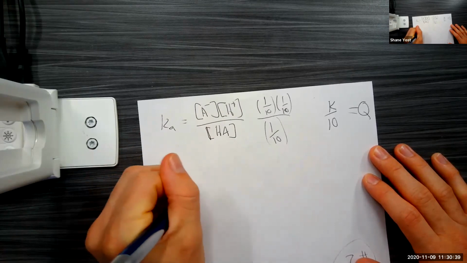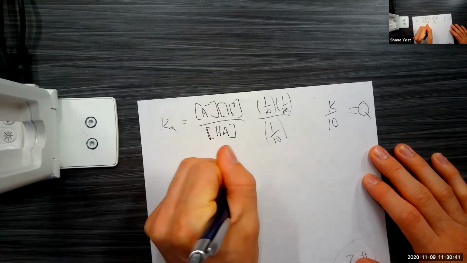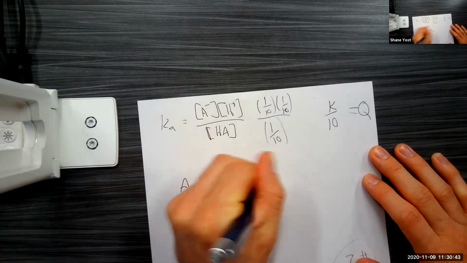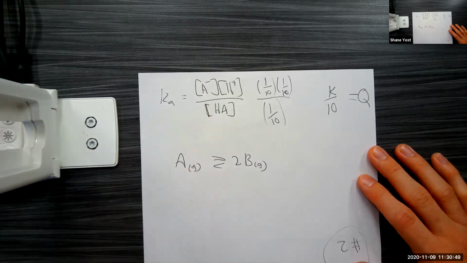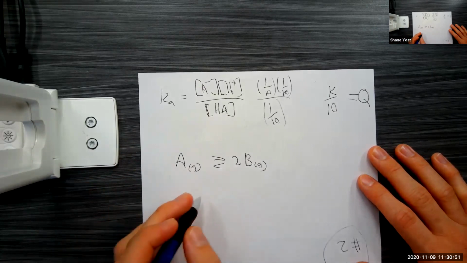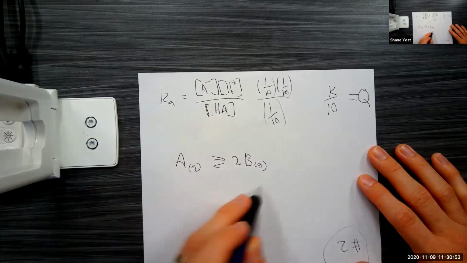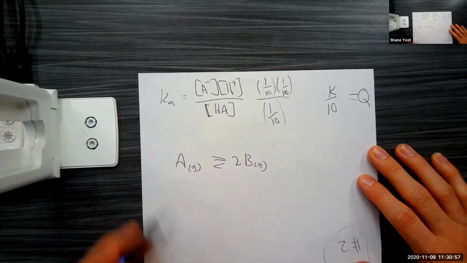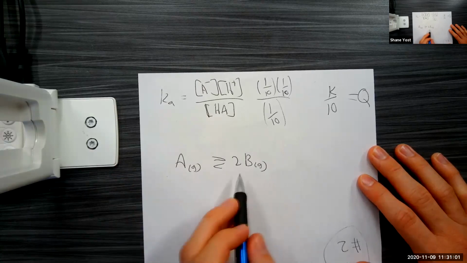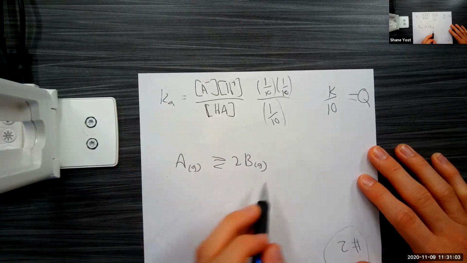If I have A gas going to 2B gas, and I increase the pressure by decreasing the volume, that's going to affect the pressures of both these gases. It's going to affect the chemical potential of both these gases. Because I have twice as many gas molecules over here, the chemical potential is going to change twice as much.